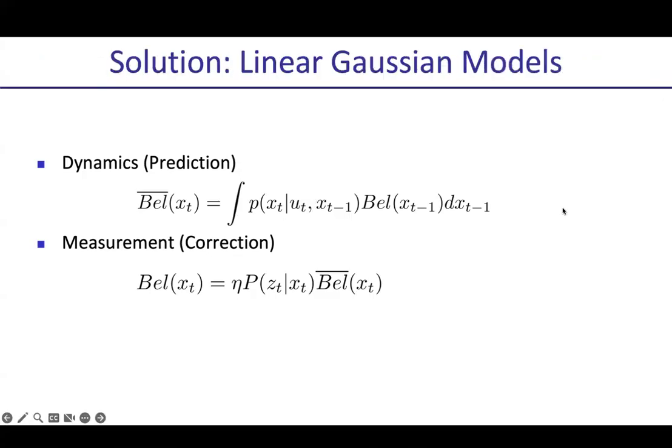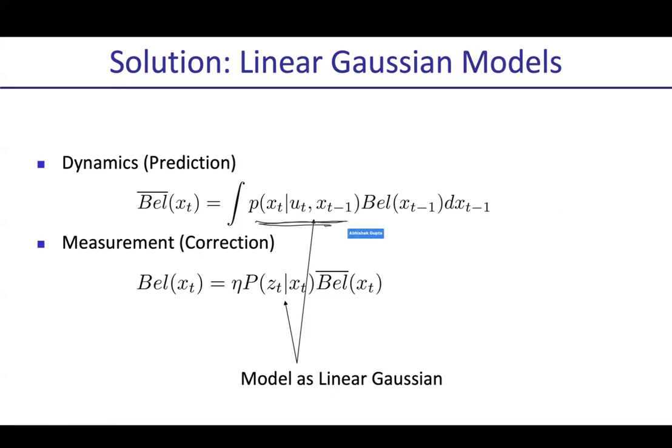Their solution was to represent the dynamics and observation models as linear Gaussian models. When I say linear Gaussian models, I mean that your likelihood was essentially a Gaussian model where the mean is a linear function of xt minus 1 and ut and some variance.